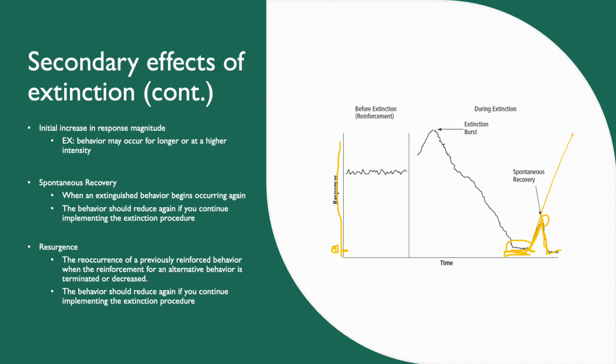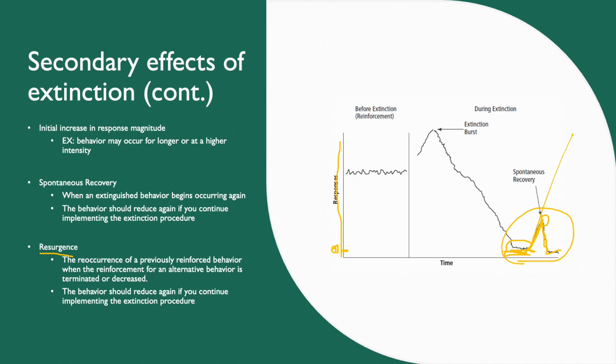We also have another effect, which is called resurgence, and it's very similar on a graph to spontaneous recovery. It actually looks exactly the same on a graph. The only difference is that resurgence is the reoccurrence of a previously reinforced behavior when the reinforcement of an alternative behavior is terminated or decreased.